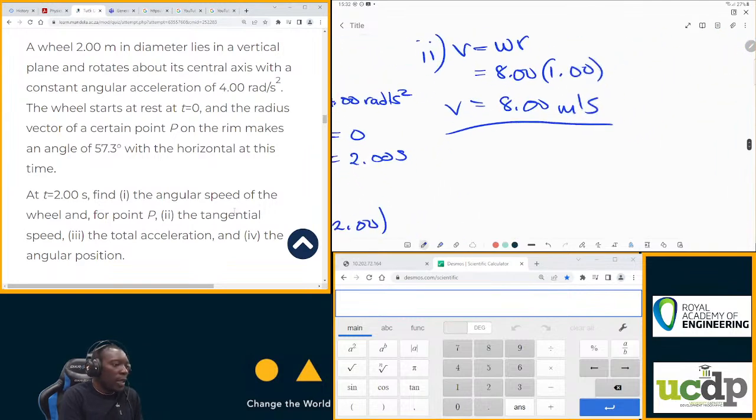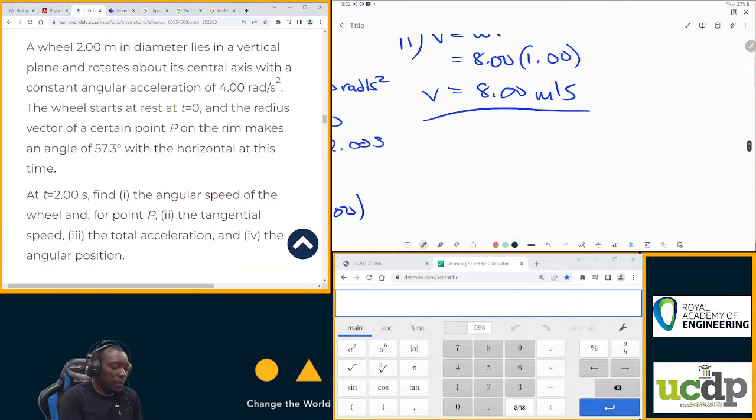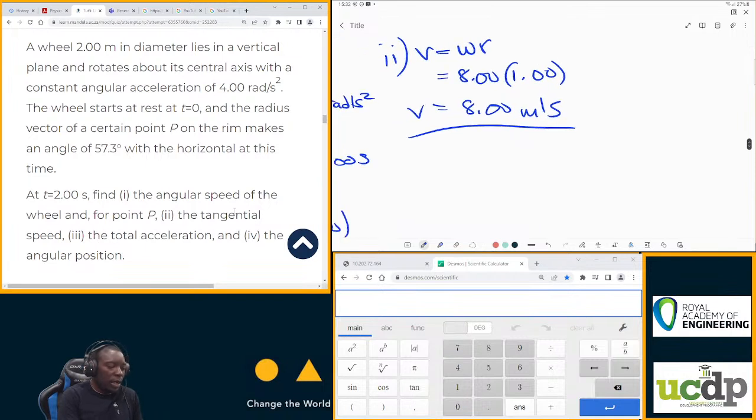Okay. Then the third part, the total acceleration. It means we have acceleration towards the center, which is the radial acceleration, what we call centripetal acceleration, and we also have the acceleration tangentially. So the total acceleration will be the vector sum of these two components.